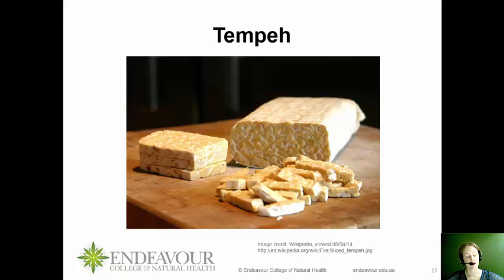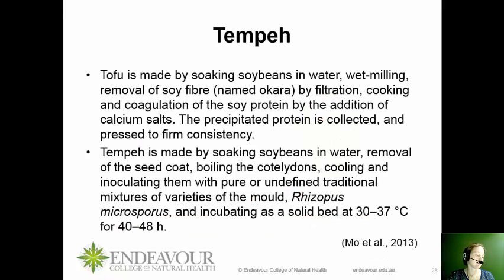Next is tempeh. Not everybody's favorite food. Sometimes hard to disguise the flavor of tempeh, but in comparison to tofu, it's really high in nutrients. It's a fermented product as well.